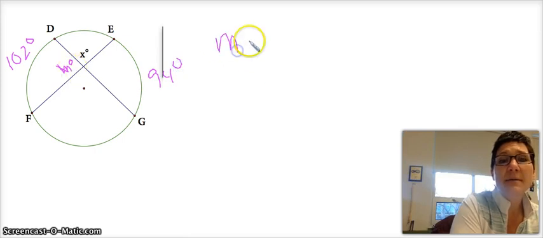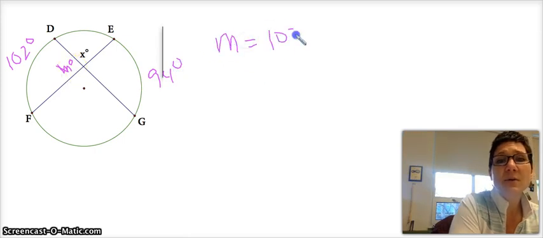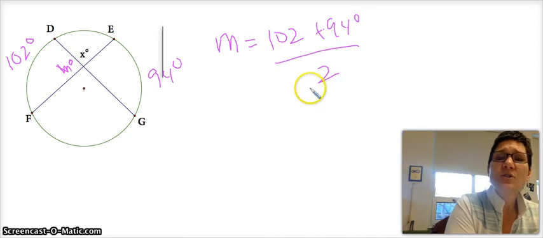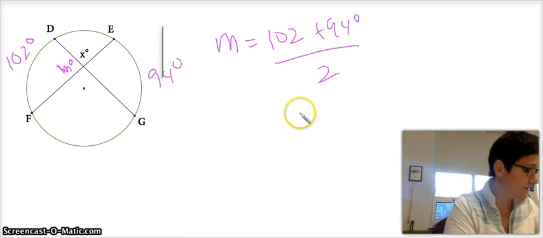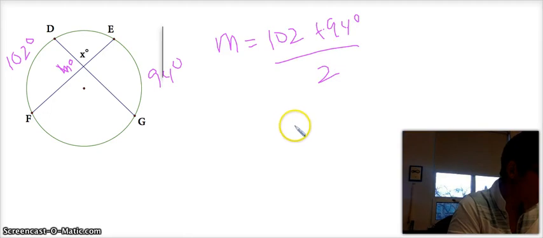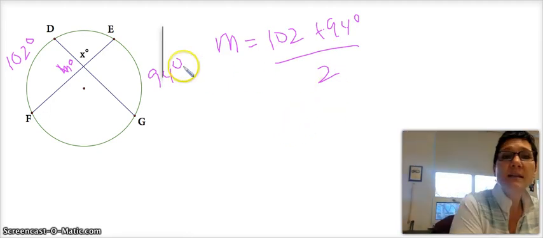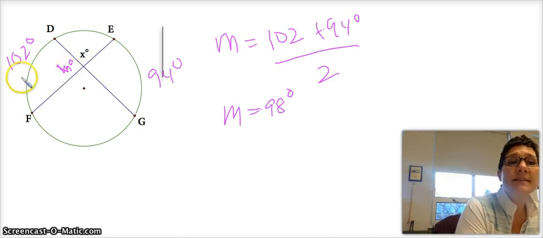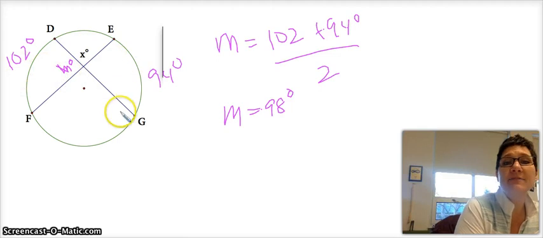So m is equal to 102 plus 94 divided by 2. I get my calculator out, and 102 plus 94 divided by 2 gives me 98 degrees. So m is equal to 98 degrees. When my angle's inside the circle like this, you take your two arcs, add them, and divide by 2. That's kind of cool.